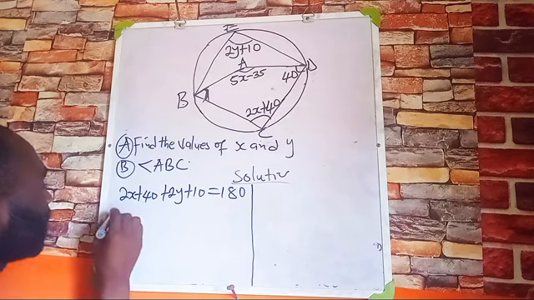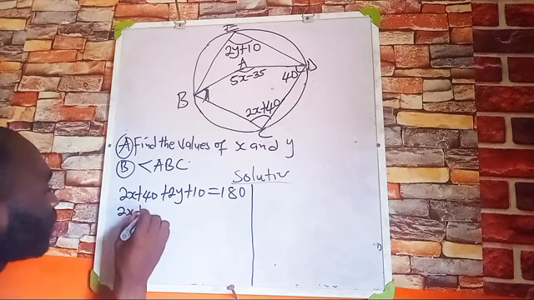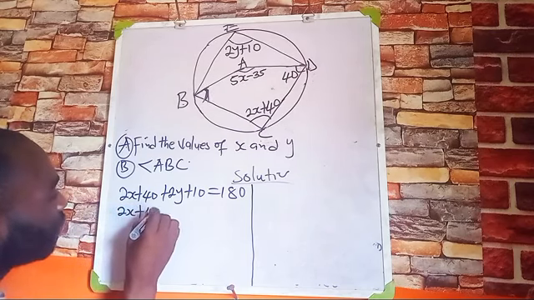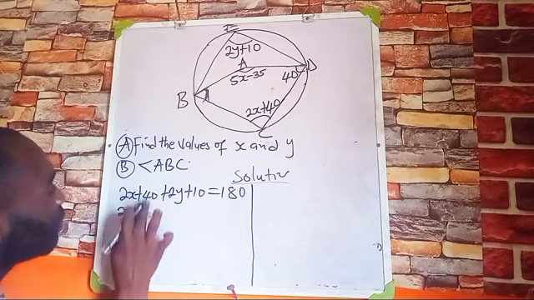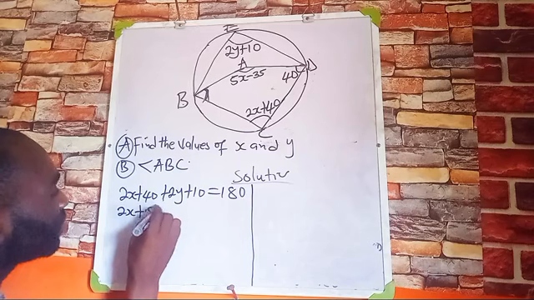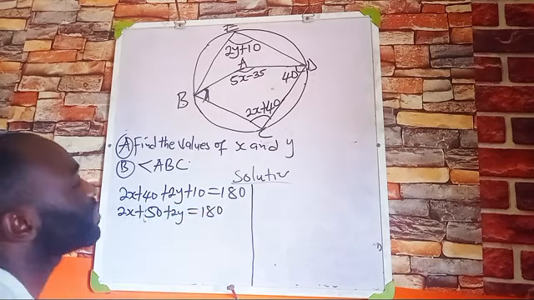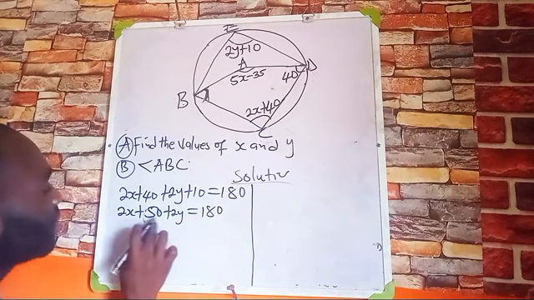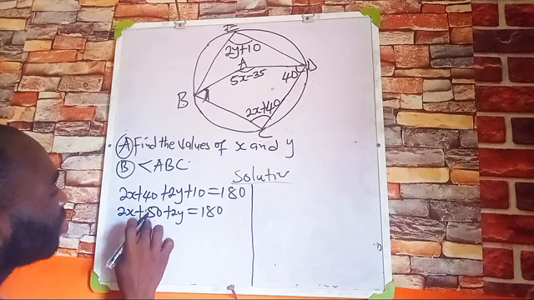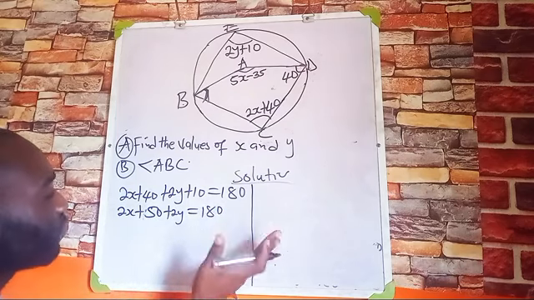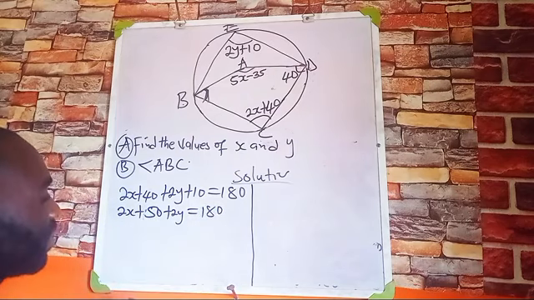So with this, we have 2x plus, sorry, 40 plus 10 will give us 50, plus 2y is equal to 180. Here we are going to take this constant to the other side, because we are trying to form a simultaneous equation.